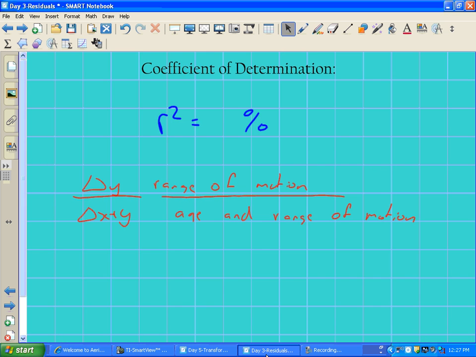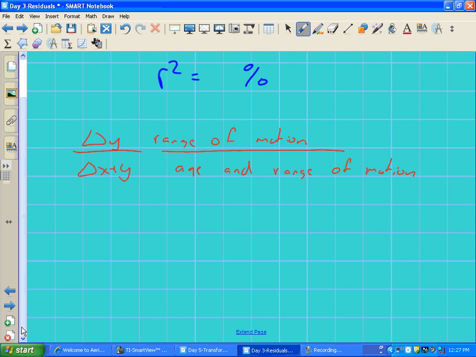Okay? So in this case, we're going to say R squared is going to be 99% of the, and this is change. Delta is change. I'm going to use the word variation here.